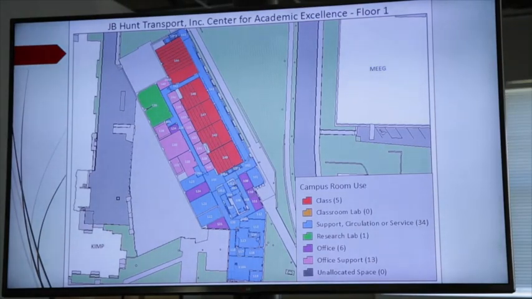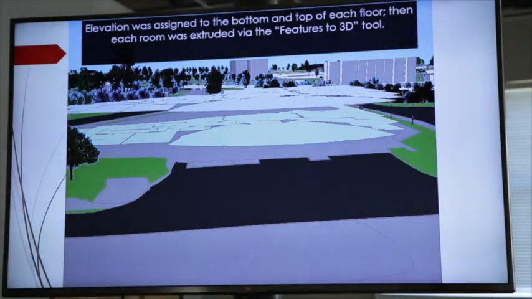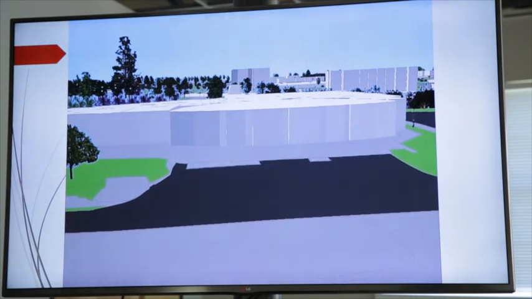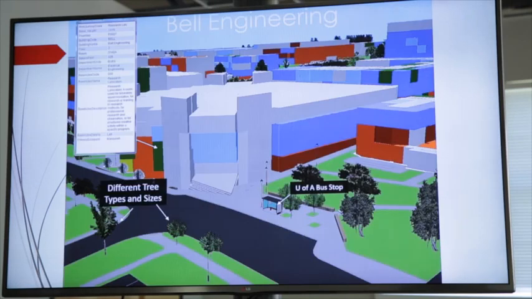We've also got elevation data for the campus, quite nice data from our local city, and we can use that to set base elevations for all the 2D data and extrude our buildings as simple sugar cubes, but with the rooms included, level by level, tied into the database. Now we've got 3D visualization of where the people are and where the uses are across the entire campus.